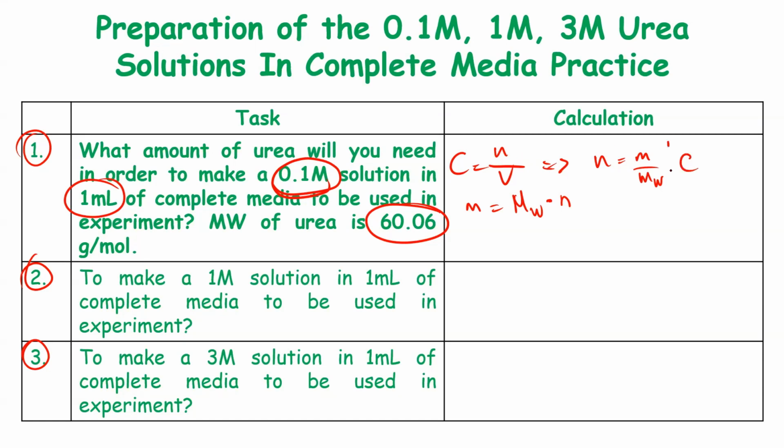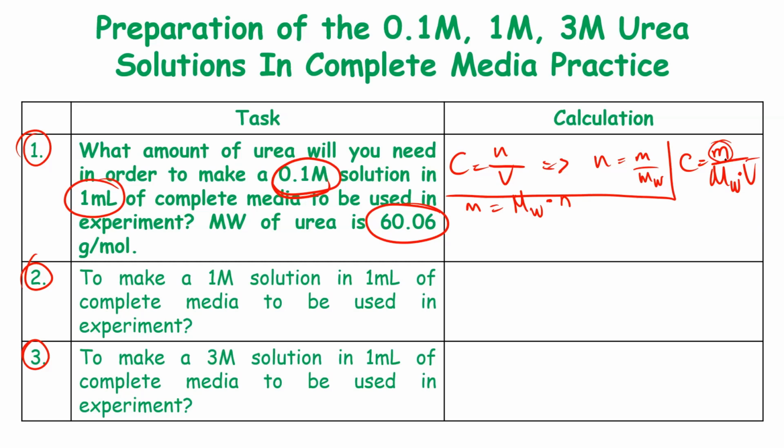So you said C equals... I got confused. So it equals mass divided by molecular weight, to volume. Okay, multiplied by volume. Yes. So you need to find this mass.